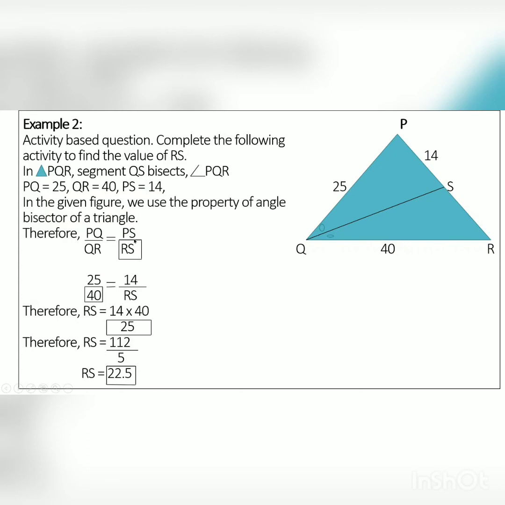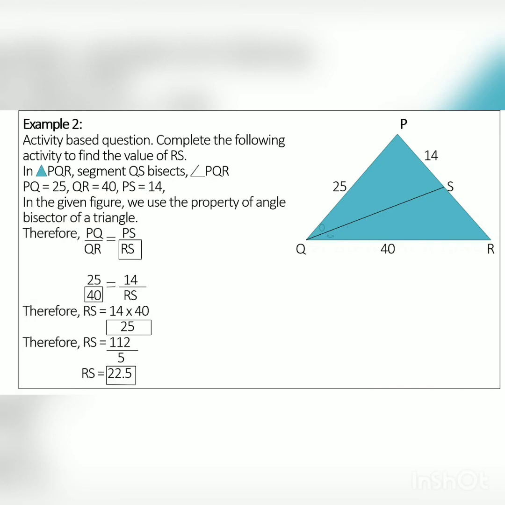Here you can see for RS there is a bracket. In the example, this bracket is empty. You have to put the value of RS. Second step, putting the value of PQ 25 upon an empty bracket. You have to put here the value of QR.